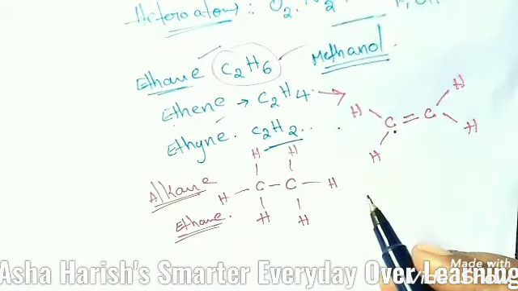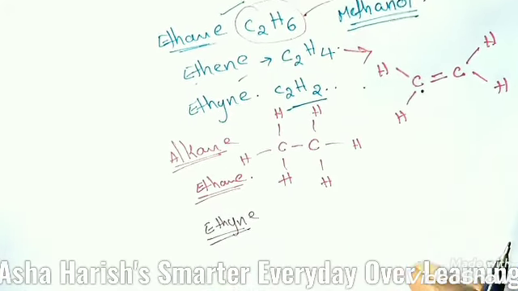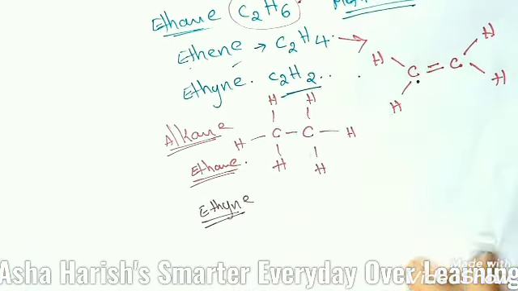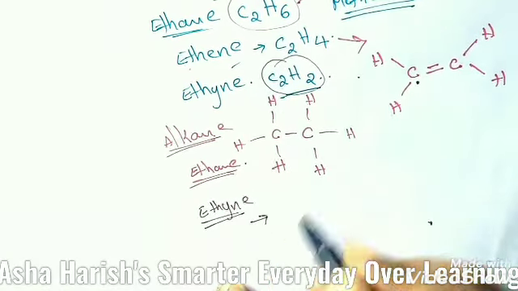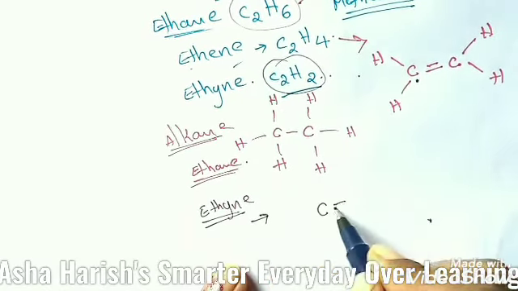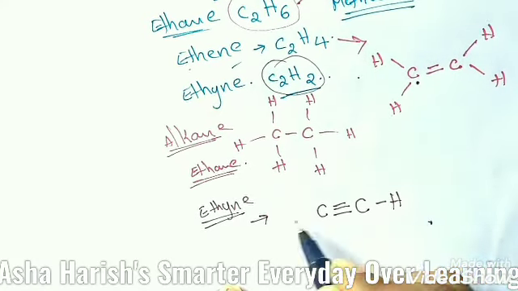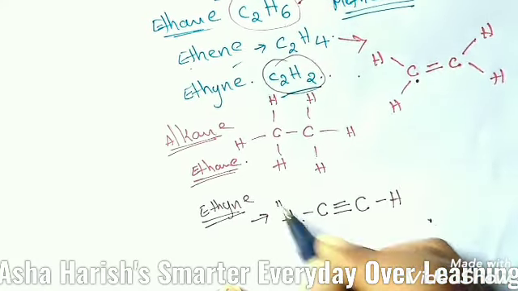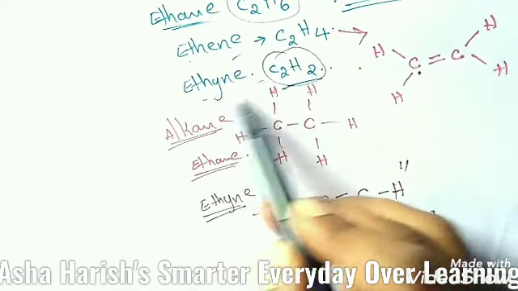Let's see the structure of the next one, the ethyne molecule, C2H2. The structure is C triple bond C, and only 2 hydrogens are present, like this. So this is the structure for the ethyne molecule.